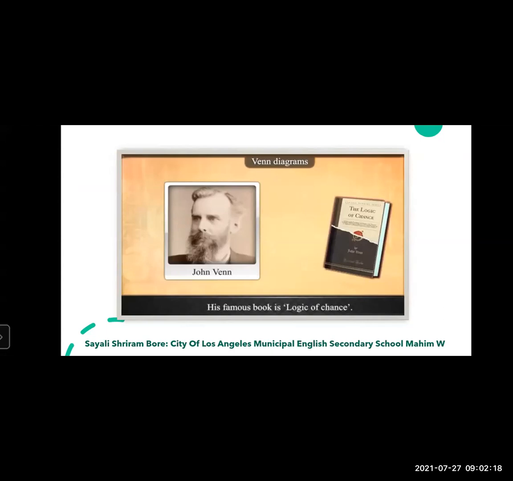In his book, the Logic of Chance, he mentioned whatever he had contributed. One contribution is the Venn diagram, and the second contribution is probability, which will be introduced to you in 10th standard.